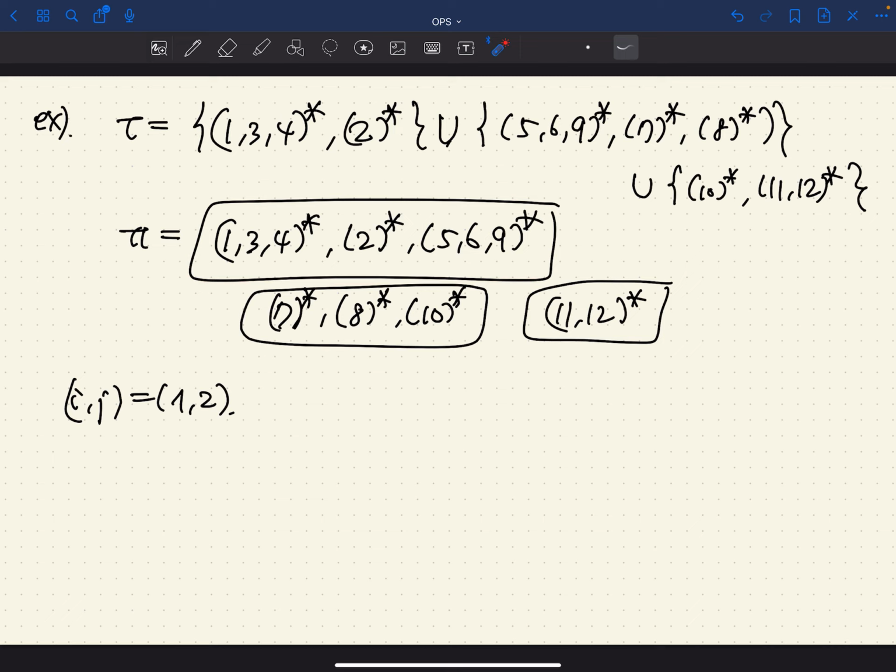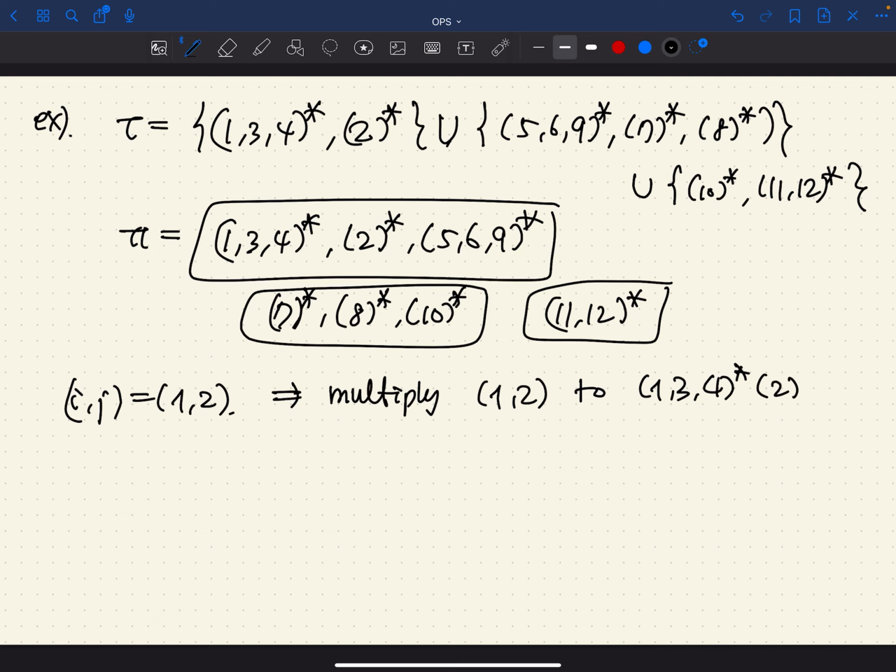Then this is a permutation. If you consider only those elements in the same block, they form some kind of permutation. So in this case, multiply 1, 2 to these elements. In other words, 1, 2 multiplied to, as a permutation, we can combine them.